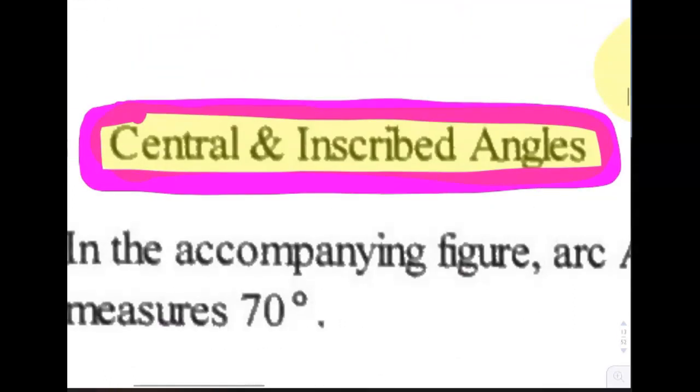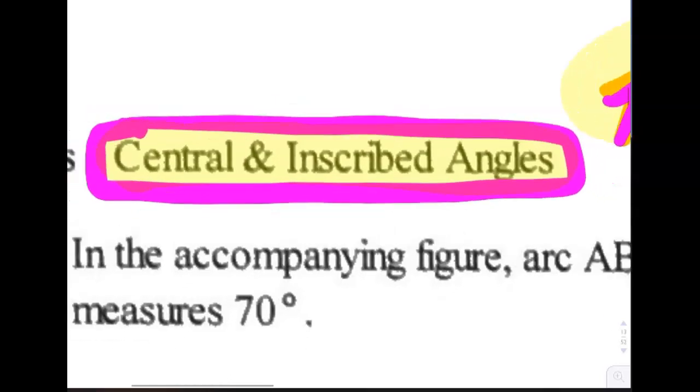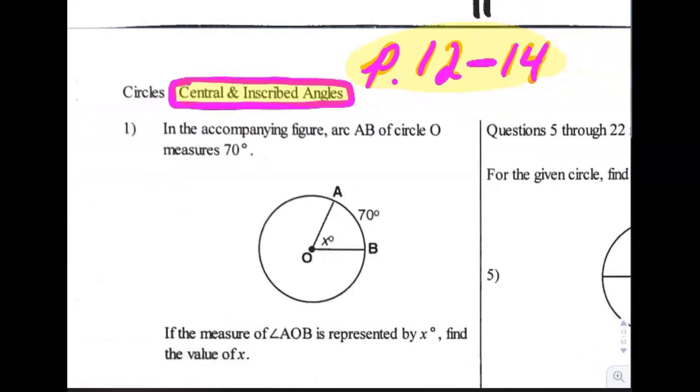Central and inscribed angles. Those are words that should have come up when you did your notes and uploaded them, and if you were on the Kahoot that we played earlier yesterday, then you would have known those two words. So a central angle, I like to make the angles bigger than they really are, or longer. This arc, this curved arc, is a 70-degree arc, meaning if you curved your way all the way around the circle, it would be a 360-degree arc.